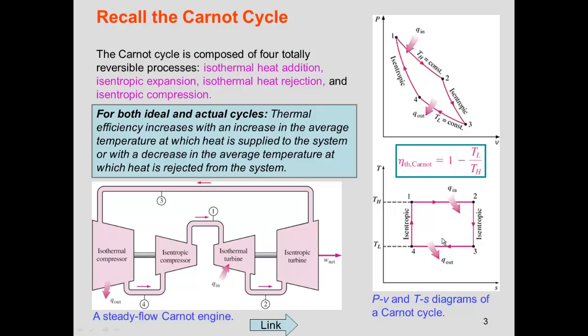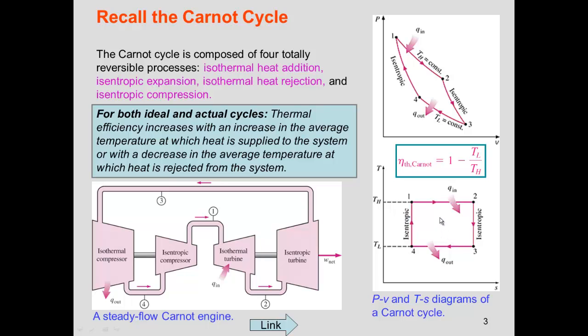So this cycle will give us the best performance for any combination of T_L and T_H, that means the cold and high temperature reservoirs. The simple expression comes from the fact that the area in this diagram is the work done.